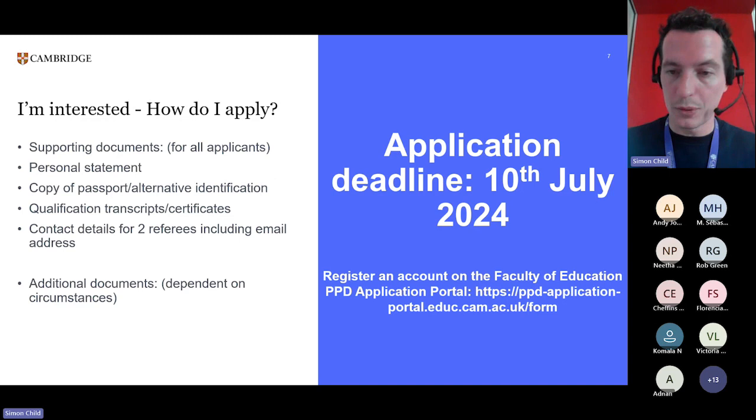It's not always the case, but if you're an international student, a copy of your passport would be useful to include. And you'll also be requested to provide a personal statement, which is part of the application process. We usually recommend that the personal statement is around 500 words. I'll go into a little bit more detail in the next few slides about what information to include.